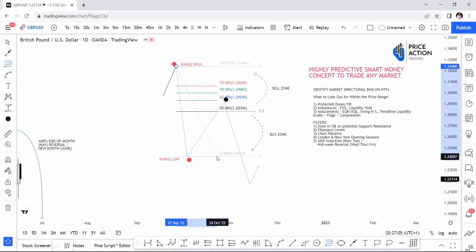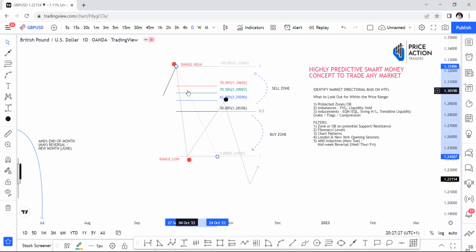Especially when imbalances or equal highs and lows fall upon these zones and levels, it becomes a very strong resistance point or zone to trade.